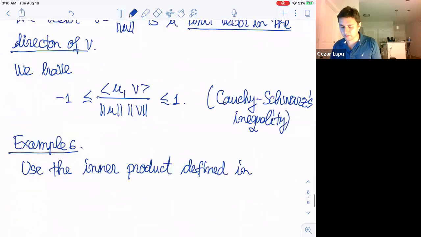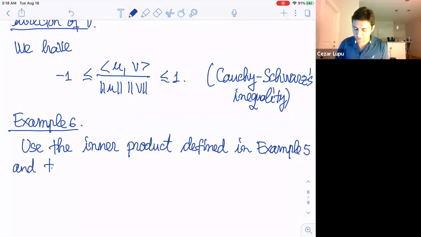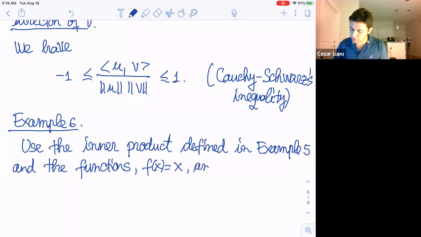So we want to use this. And the functions. Now let's define two functions. Let's just say f of x equals x and g of x equals x squared.